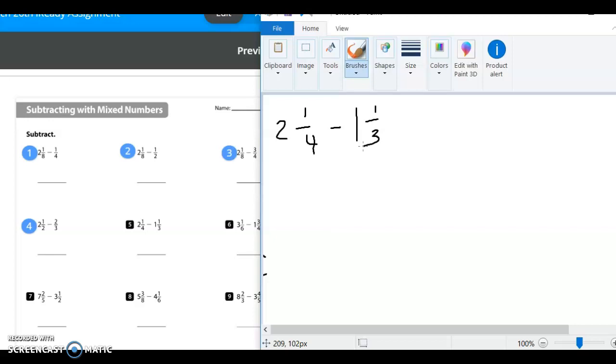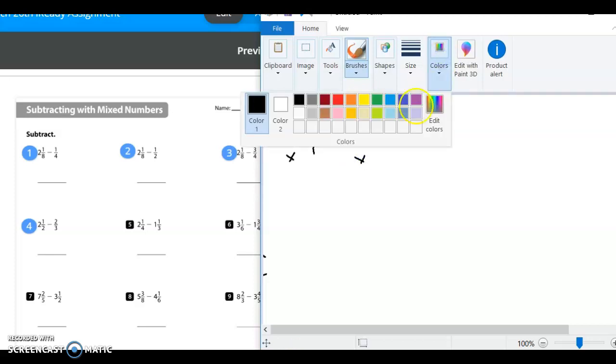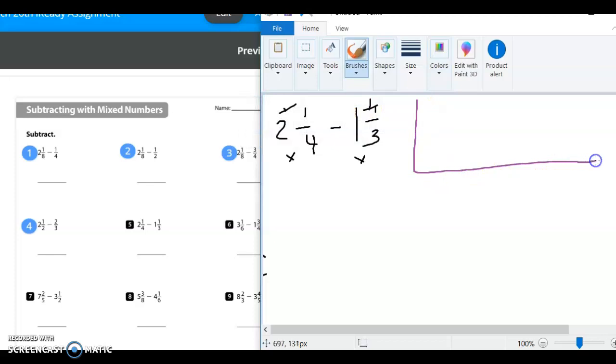And when I personally have a mixed number, the easiest way for me to solve it is to make the numbers mad. So that's what I'm going to do. I'm going to multiply and add, multiply and add, and let me show you what our new problem is going to look like.